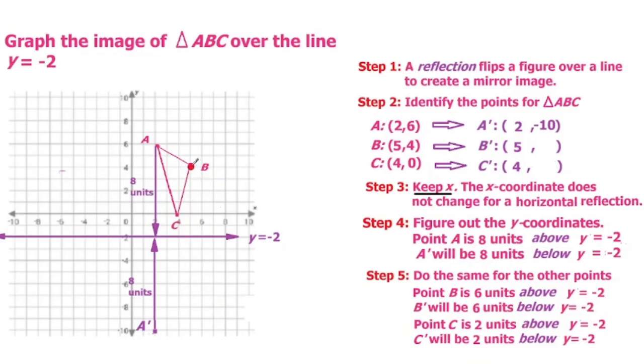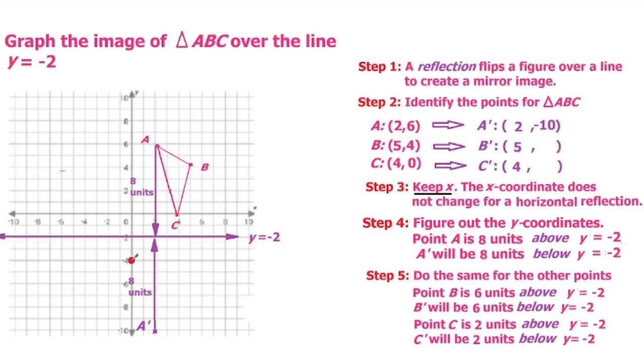So we come to this line at the same x value and we count 6 units below. 1, 2, 3, 4, 5, 6. So it's going to be here at -8. Then for C, C is 2 units above the line. 1, 2. So it's going to be 2 units below. 1, 2.